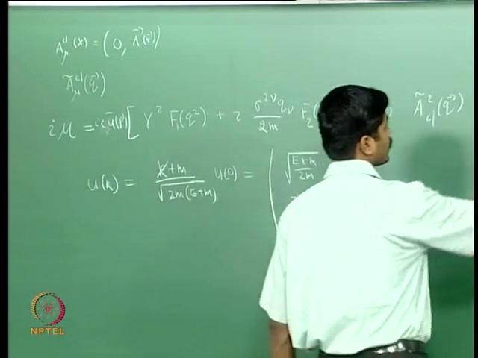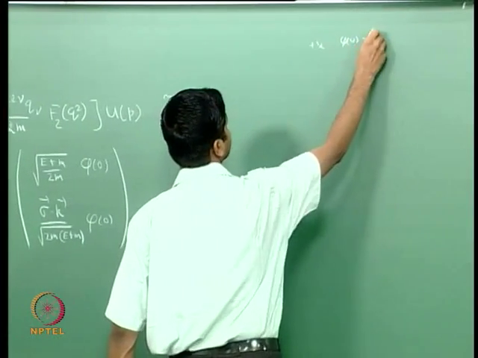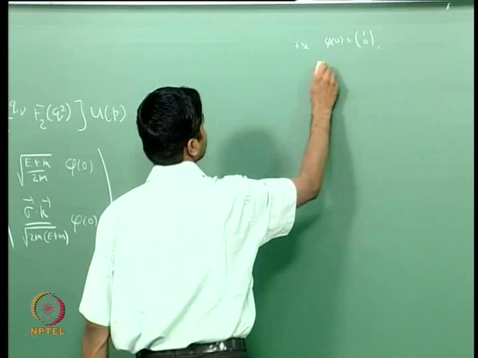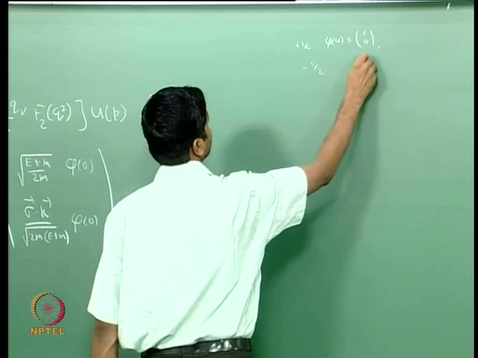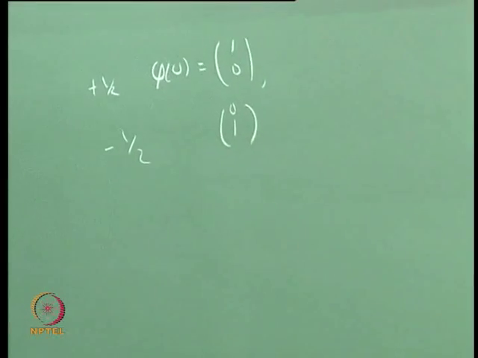So, for spin plus half, φ(0) is just (1, 0), and it is (0, 1) for spin minus half. This is the notation that we had used earlier.